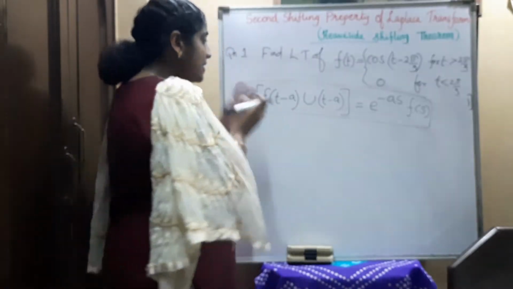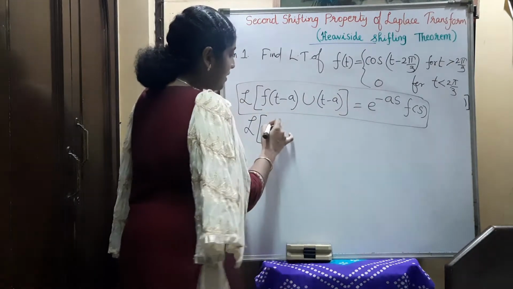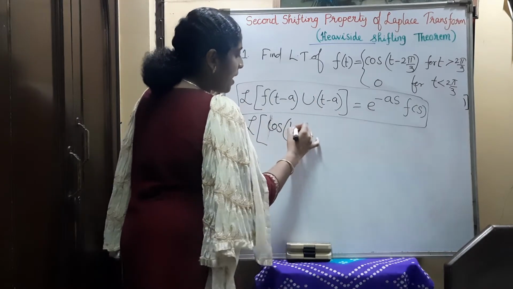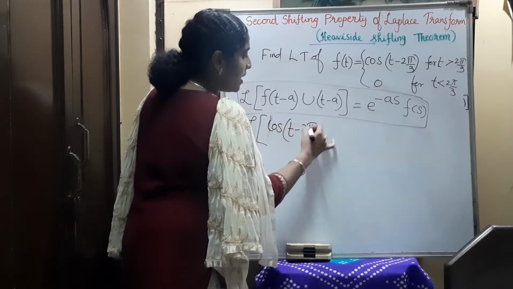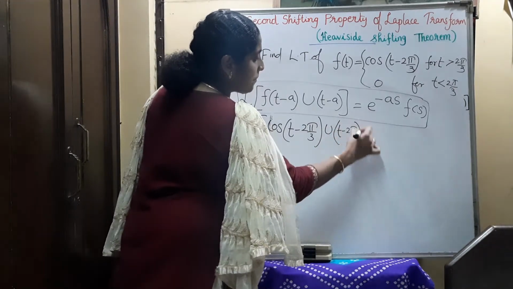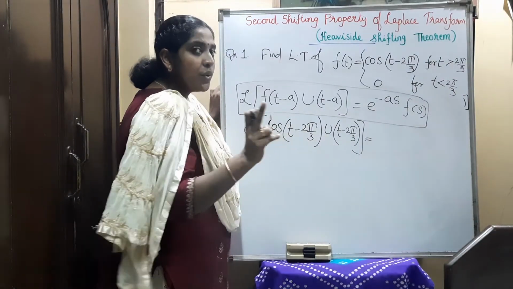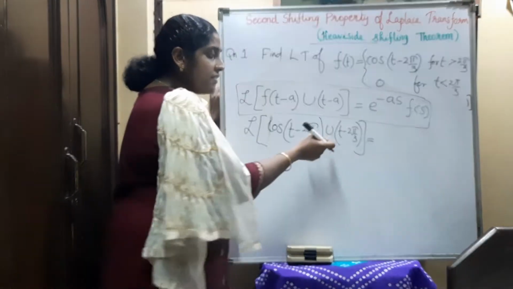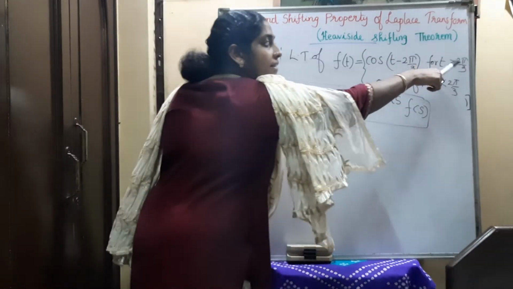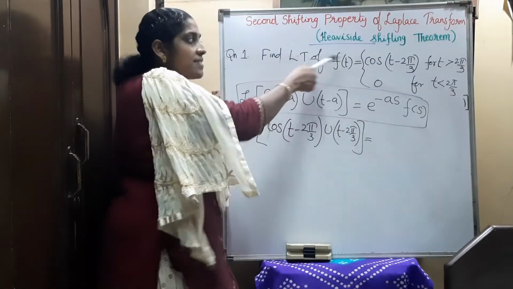So here we can write together cos of t minus 2 pi by 3 into u of t minus 2 pi by 3. Here the unit step function has two values: it is 1 when t is greater than 2 pi by 3, so this becomes cos, and we get the same condition.